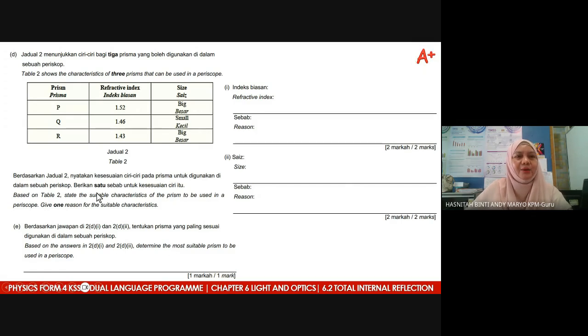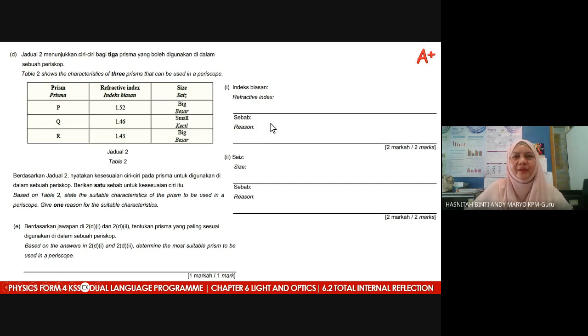Based on this table, you have to state a suitable characteristic and give one reason for each. First, determine the most suitable. Number 1, refractive index. How to answer this? Can we write 1.52 or 1.46?